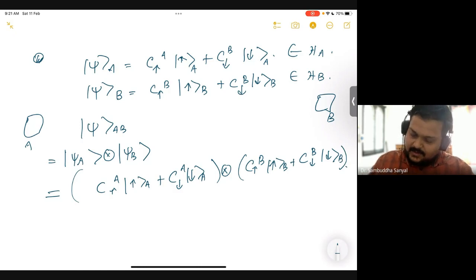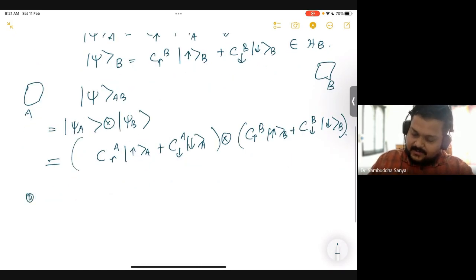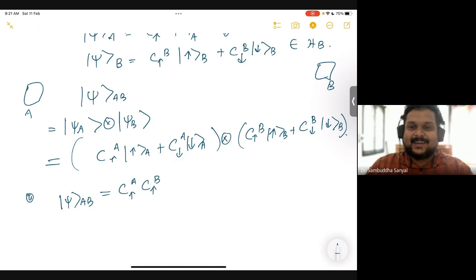So how does this look after taking the tensor product? If I break this down, what happens? Just expand this, right? Oh my God. Are you reading anything at all at home?